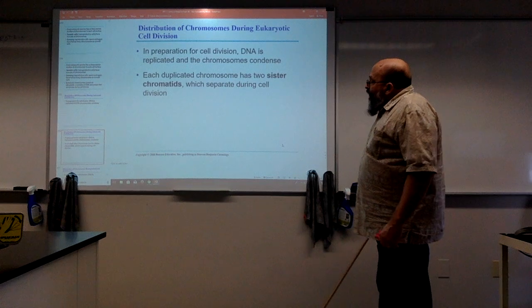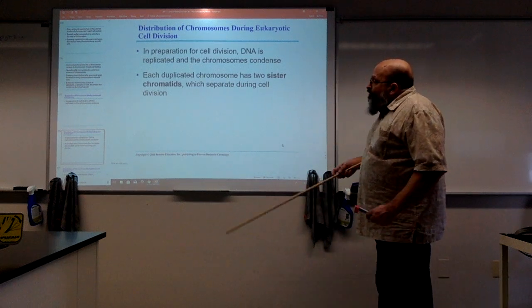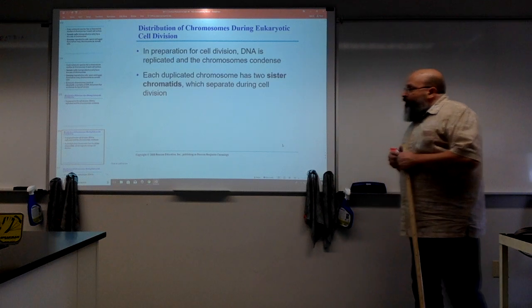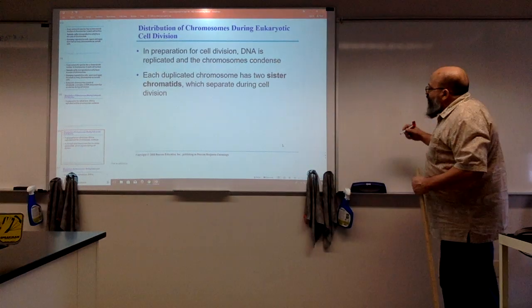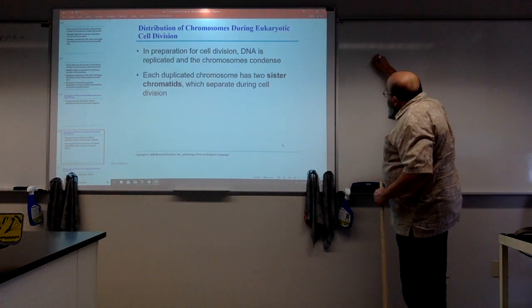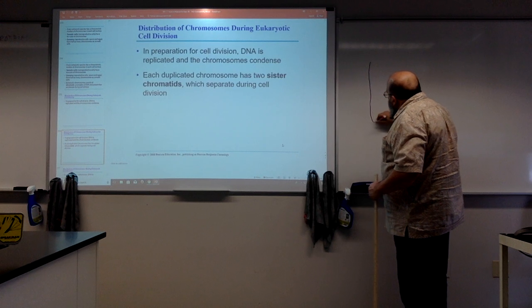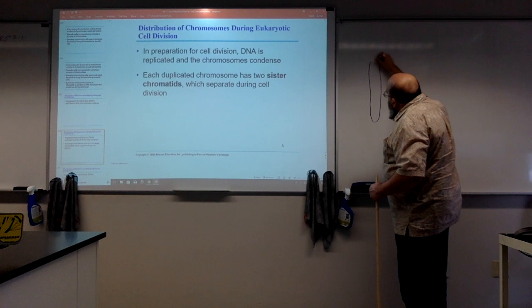Now, each duplicated chromosome has 2 sister chromatids which separate during cell division. Let's say I'm just drawing one chromosome here, which is risky for me.